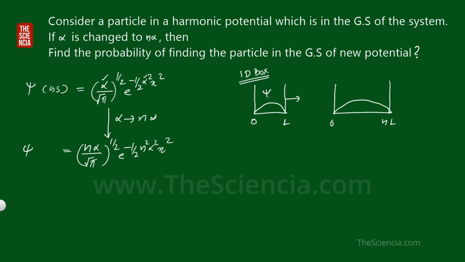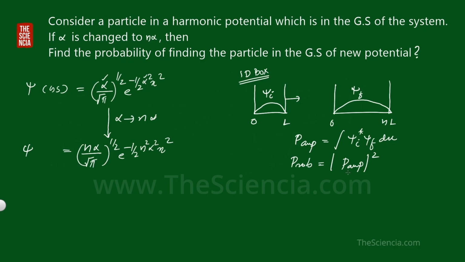The initial wave function we considered as psi I, and the final wave function we considered as psi f, and the probability amplitude we obtained as integral psi I star psi f dx. Then we find the probability as the modulus of the probability amplitude squared. Are you remembering?